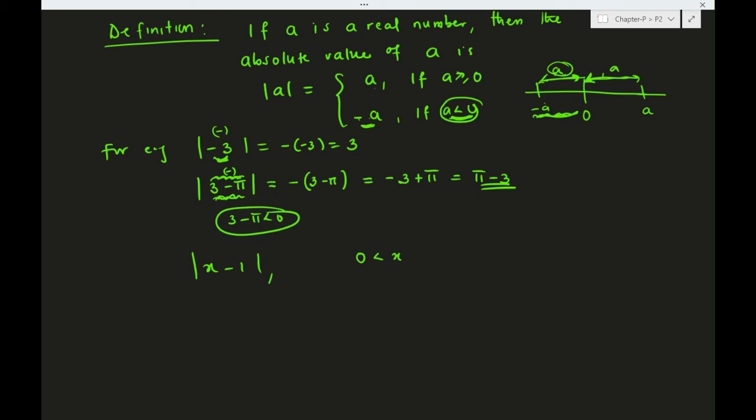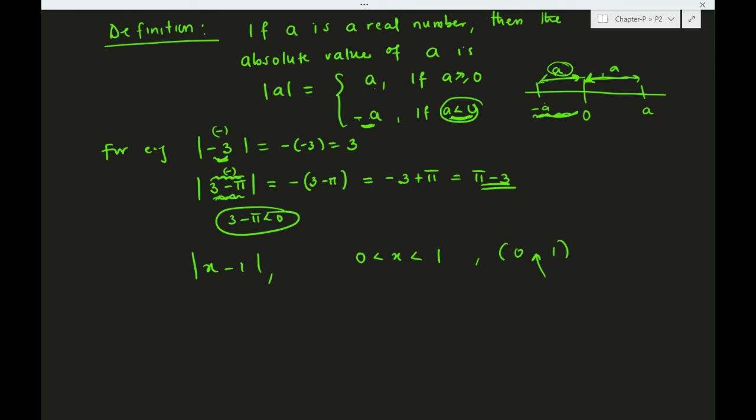And we have a condition that our x is between 0 and 1. So if x is between 0 and 1, it means that what? Just take any number between 0 and 1, the open interval 0 and 1.